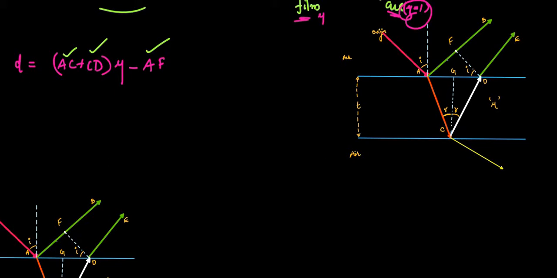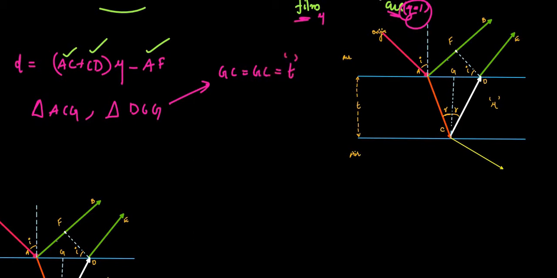To study this AC and CD, I am considering the triangle ACG and triangle BCG. Here you can see the first thing: it has a common side which is GC, which is the thickness of the film.